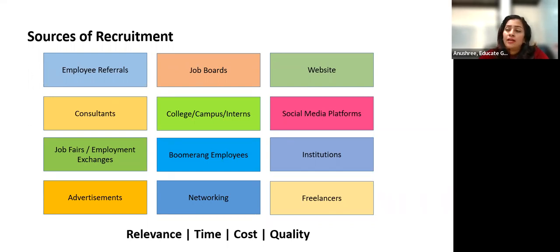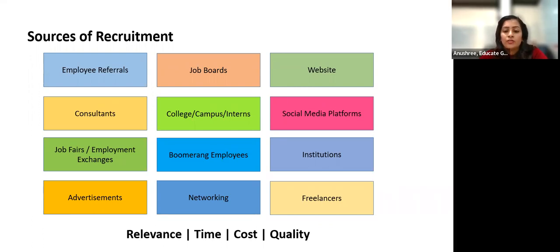I'm sure you have all heard of ILSS, the Indian Leaders for Social Sector. They tap a lot of people from the profit sector, and that's how you can get connects. There are various other avenues for networking, and those can really help you in building talent, for your current requirement as well as your future requirement.